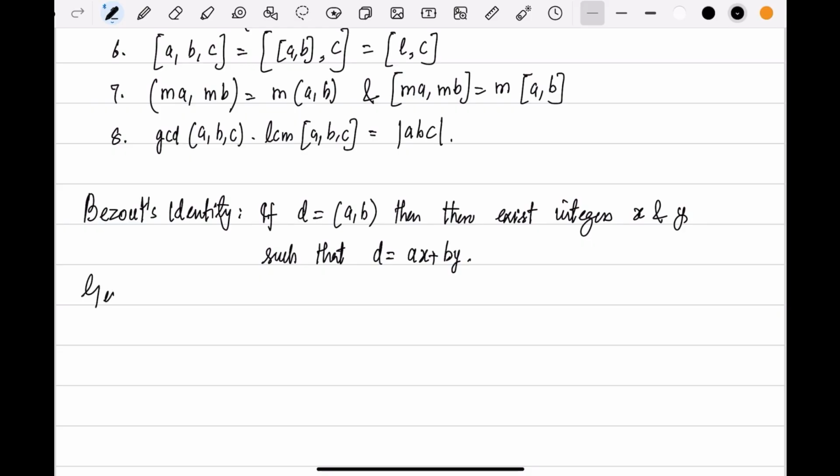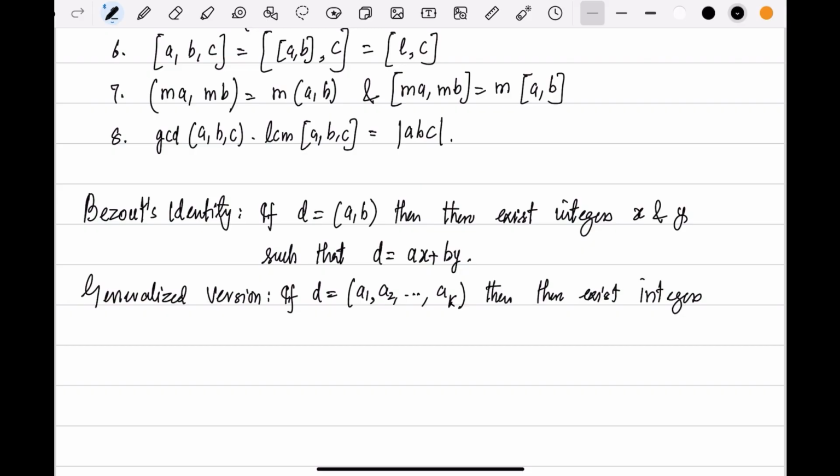We can also generalize it. The generalized version of Bezout's identity: if d is the GCD of a1, a2, ..., ak, then there exist integers x1, x2, and so on up to xk, such that d is equal to a1x1 plus a2x2 plus so on plus akxk.